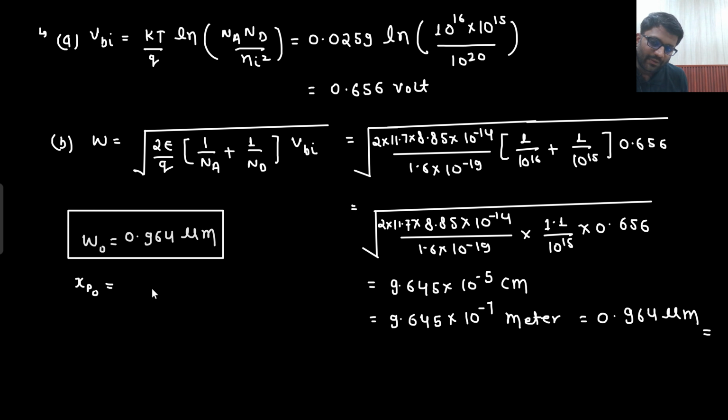What would be your XP naught? So that would be the depletion width on the P side. So 0.964 into ND.